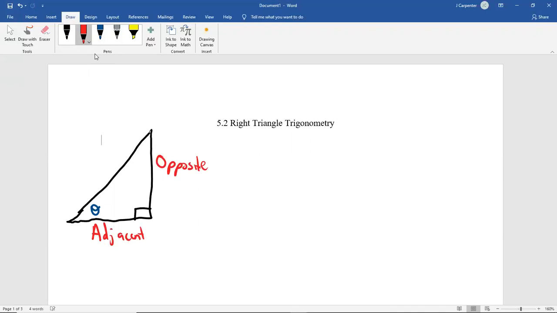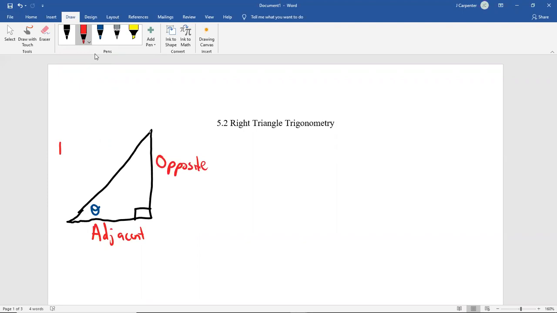And these names are relevant, because adjacent means the side touching the angle we're interested in. Opposite, this is the side opposite to the angle. So here's your angle, here's the opposite side. So again, the adjacent is the side that touches it, but not this one. You might say, well, isn't this adjacent too? Well, yes, it is technically adjacent as well, but we don't call it adjacent.